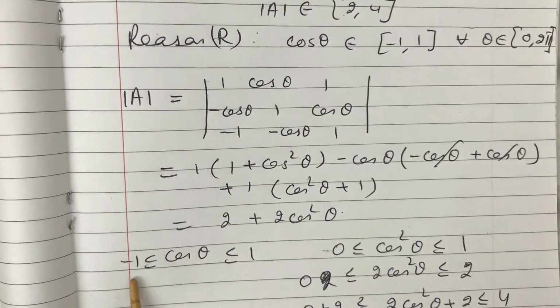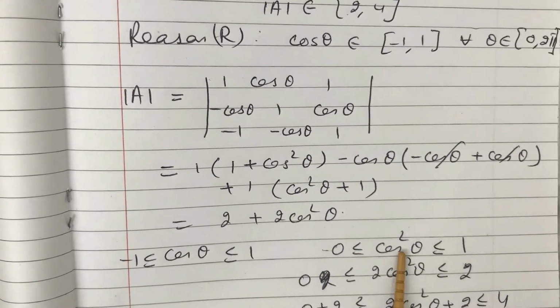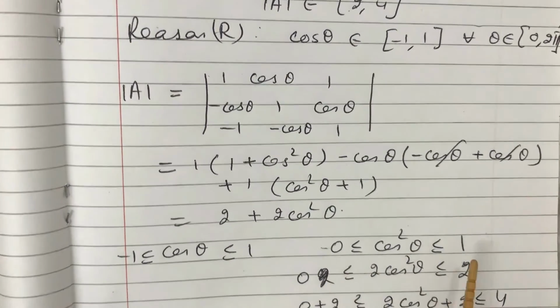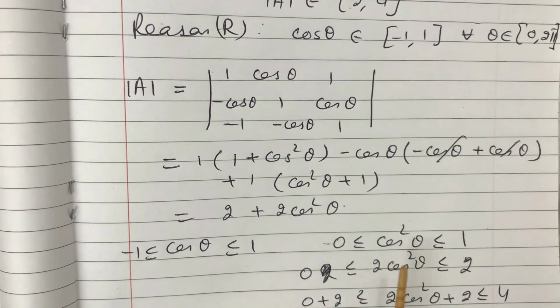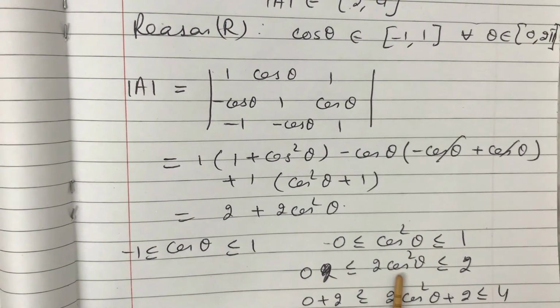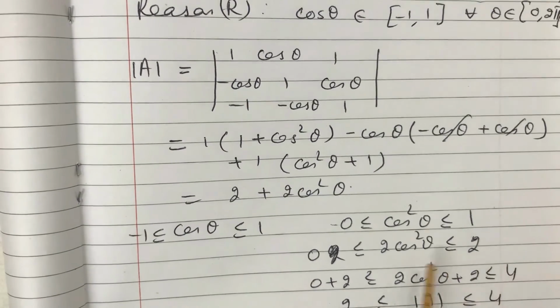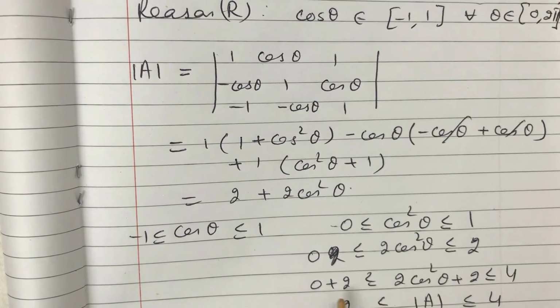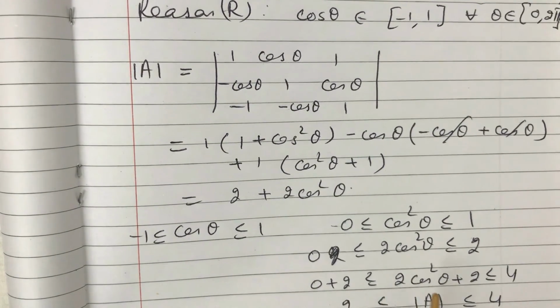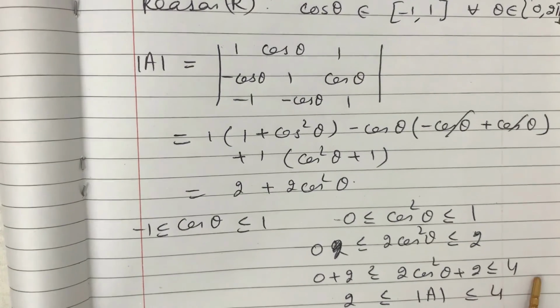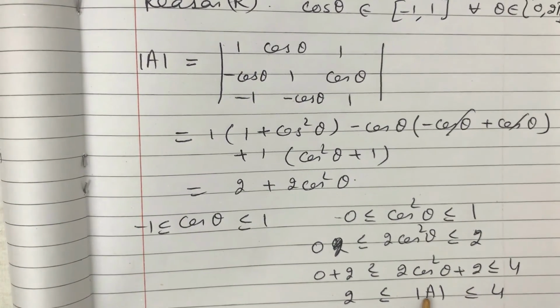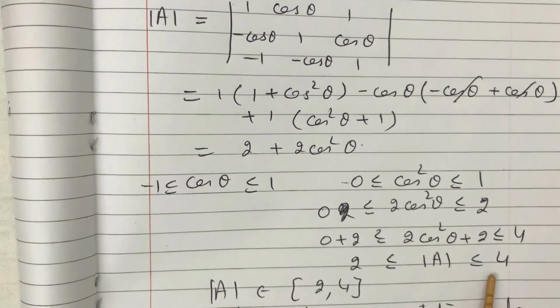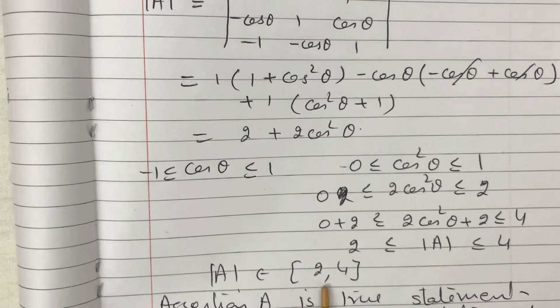We know cos theta lies between minus 1 and 1, so cos square theta lies between 0 and 1. Multiplying by 2, we get 0 less than or equal to 2 cos square theta less than or equal to 2. After adding 2, we get 2 less than or equal to 2 cos square theta plus 2 less than or equal to 4. It means determinant of A lies between 2 and 4.